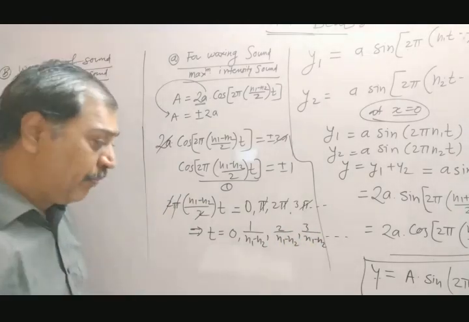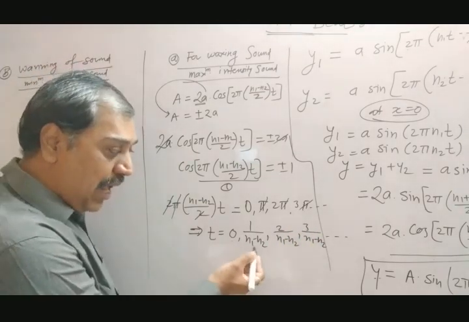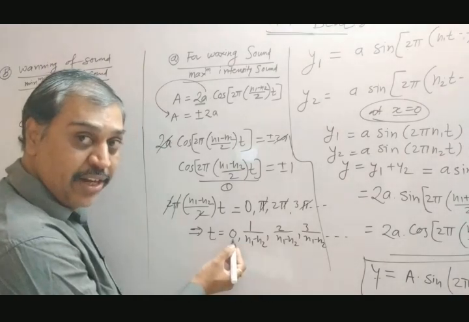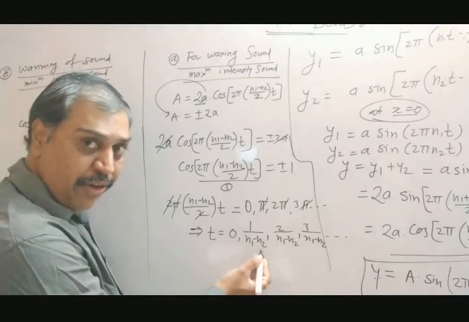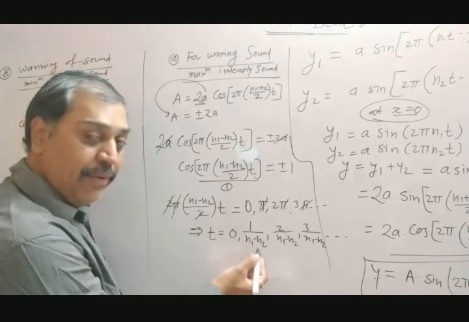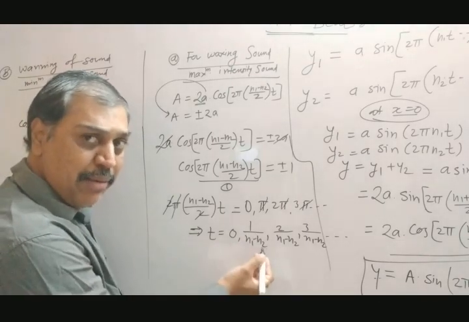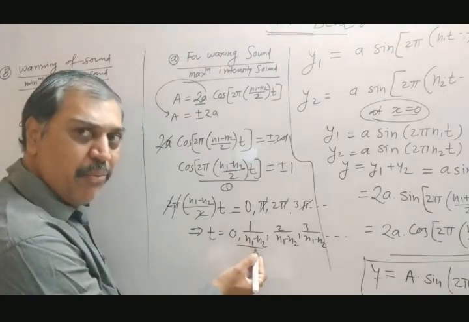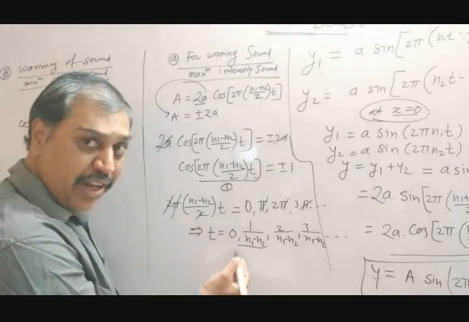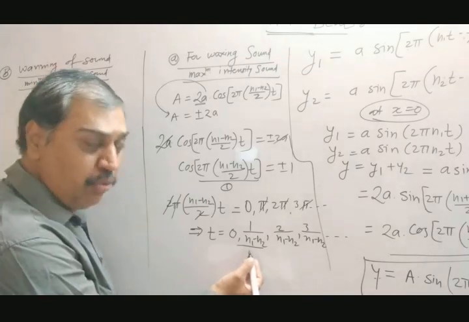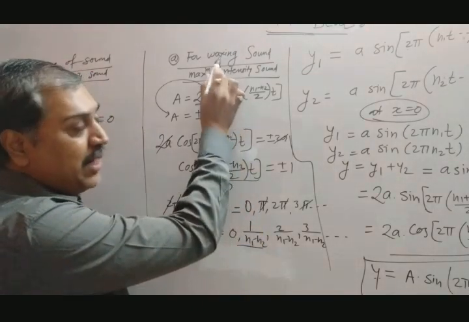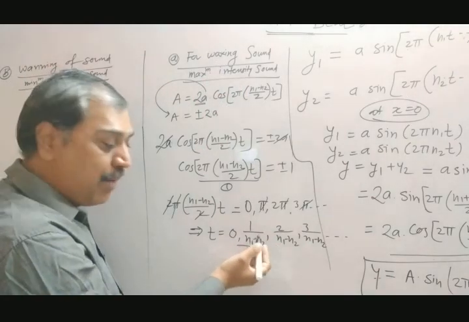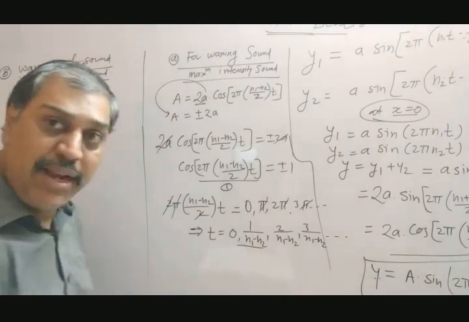If you consider when the time is 0 and when the time is 1 divided by (n1 − n2), the maximum sound we can hear is at 0, and again at 1 divided by (n1 − n2). The difference between these two is 1 divided by (n1 − n2). For the nearest consecutive maximum intensity points, the waxing points, the time difference should be 1 divided by (n1 − n2).